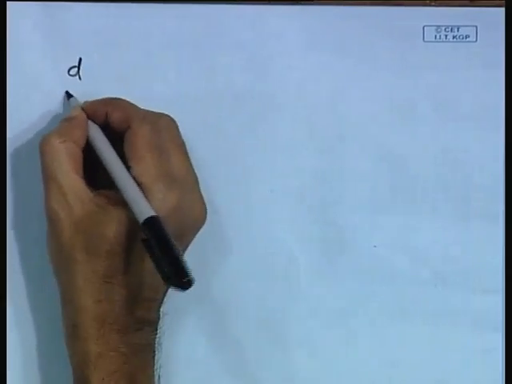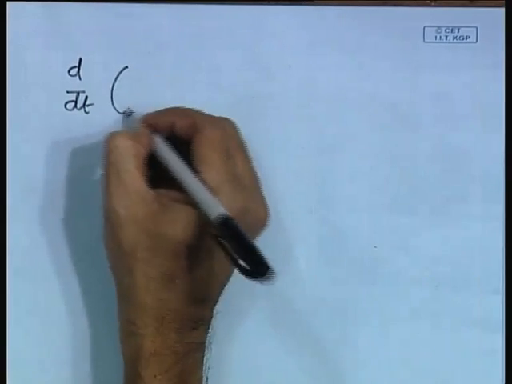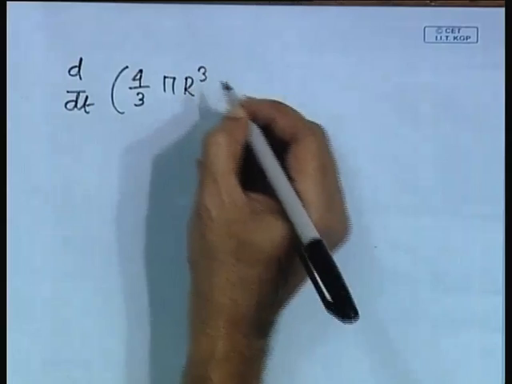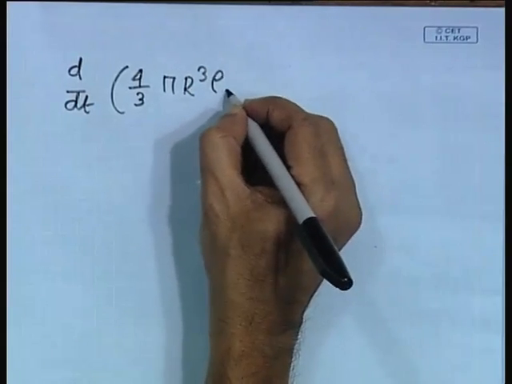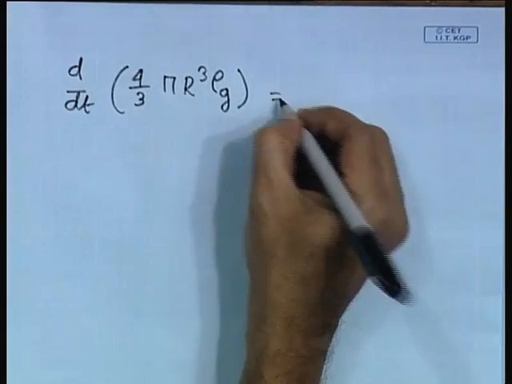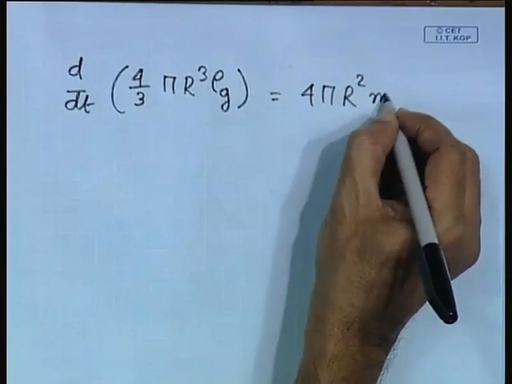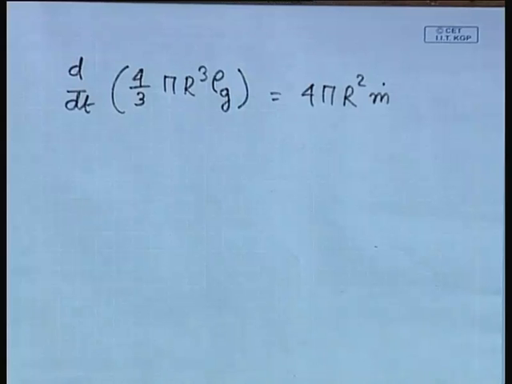So, using this basic information, one can write some sort of a relationship like this: d dt of 4/3 pi r cube rho g, that is equal to 4 pi r square m dot. So, basically this is relating the rate of mass transfer and rate of bubble growth.